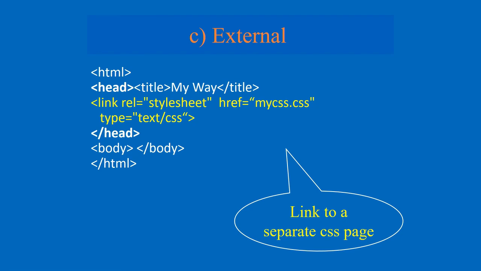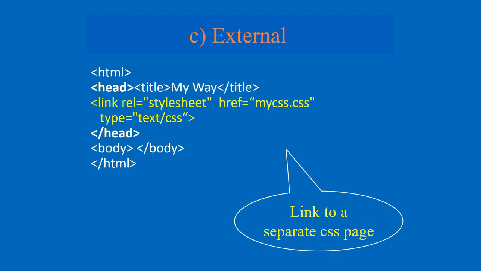You can give any file name, but the extension should be .css. In that file, without the style type text/css, you write all of the properties. Suppose we add body, then a curly bracket, then a property colon value, another property colon value semicolon. In the same way you can add any number of properties in one CSS file.